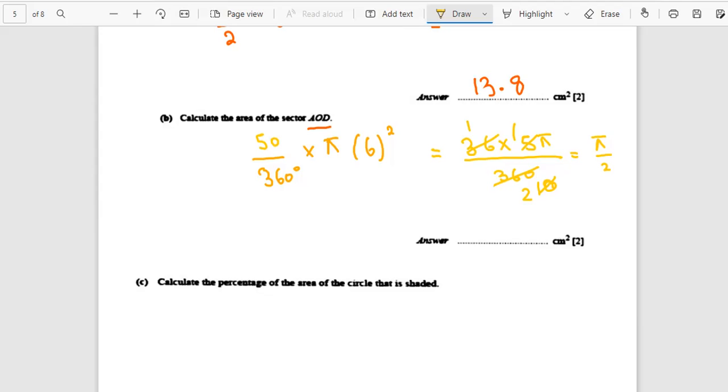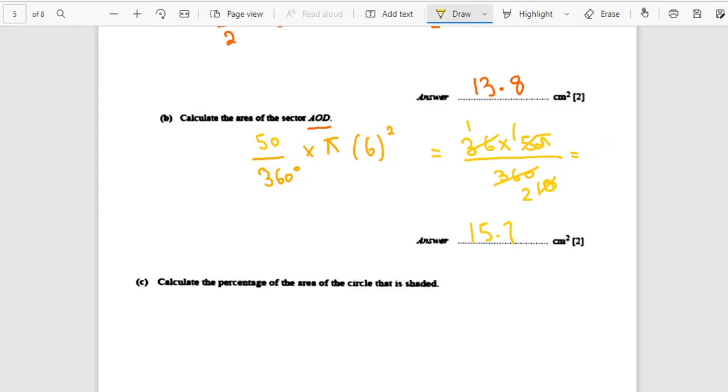What is the answer? So it is correct. You guys are telling me right. The answer is going to be 15.7. Very well done. Excellent. Okay. That would be the answer.